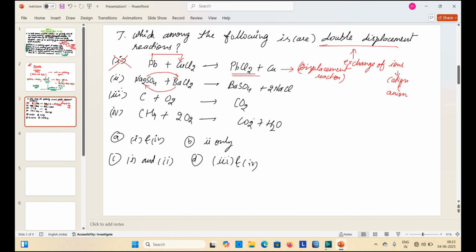Also in the opposite way you will say that in place of sulfate ion, the barium ion is coming. Here was the sodium ion, but here is the barium ion, and here in that chlorine anion you are finding here was barium, but here you are finding sodium. So here you are finding there is the exchange of ions taking place, and it is a double displacement reaction.